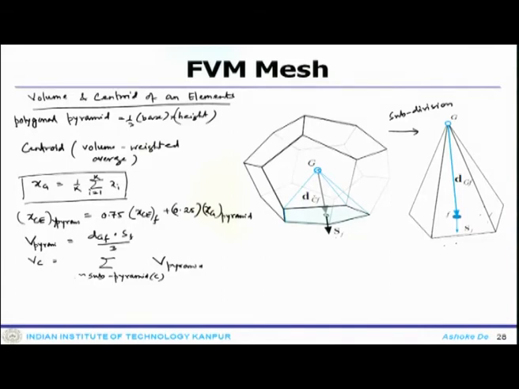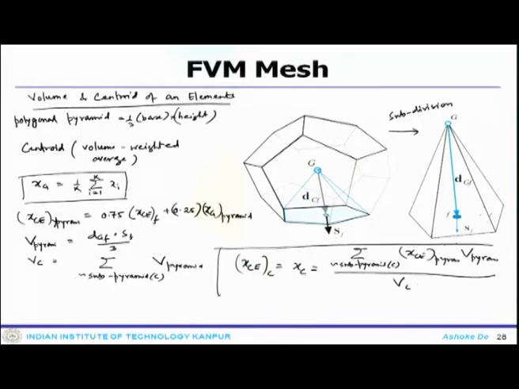Then x_C is the summation over the sub pyramids of x_C pyramid into V pyramid, divided by V_C.